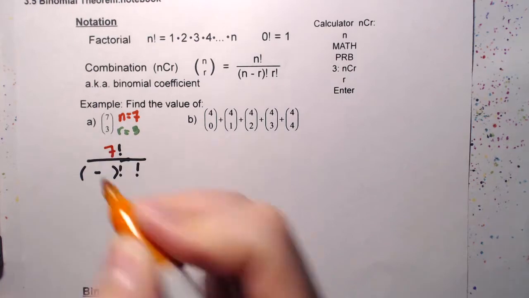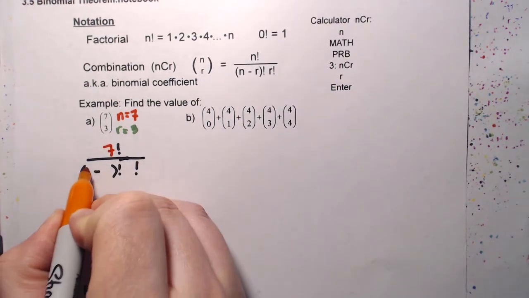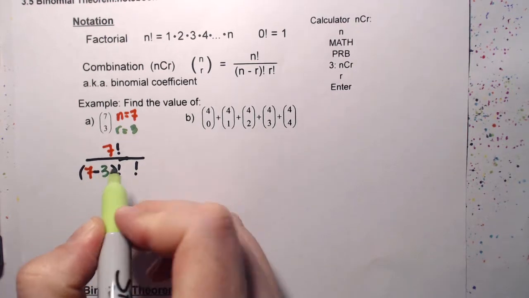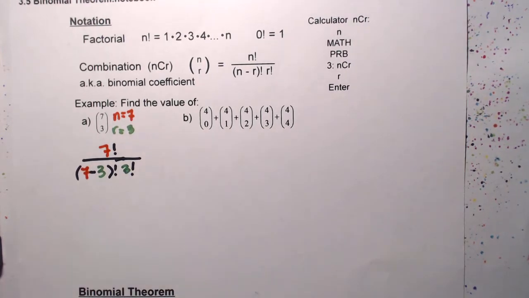So I want 7 factorial, and then 7 minus r, which is 4 factorial, and 3 factorial. And this is just a way to count how many objects can be in a specific order, if you're choosing objects to work through something. So you can go look up more on the probability and statistics stuff.